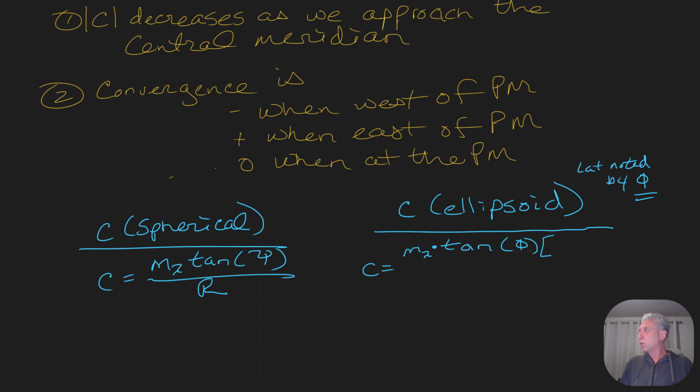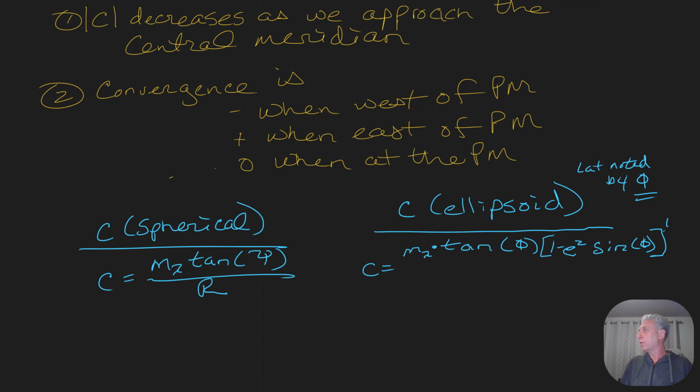But then we multiply that by 1 minus, we have to account for the flattening, from a sphere to an ellipsoid, and this is how we do it. 1 minus what's called the eccentricity squared, and we're going to look at these numbers, so I'm just giving you an introduction, times the sine of phi, or the ellipsoidal latitude.